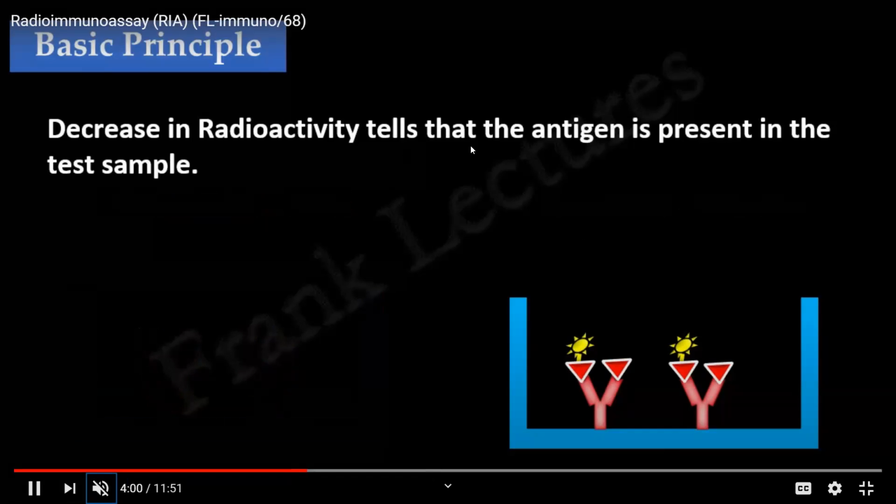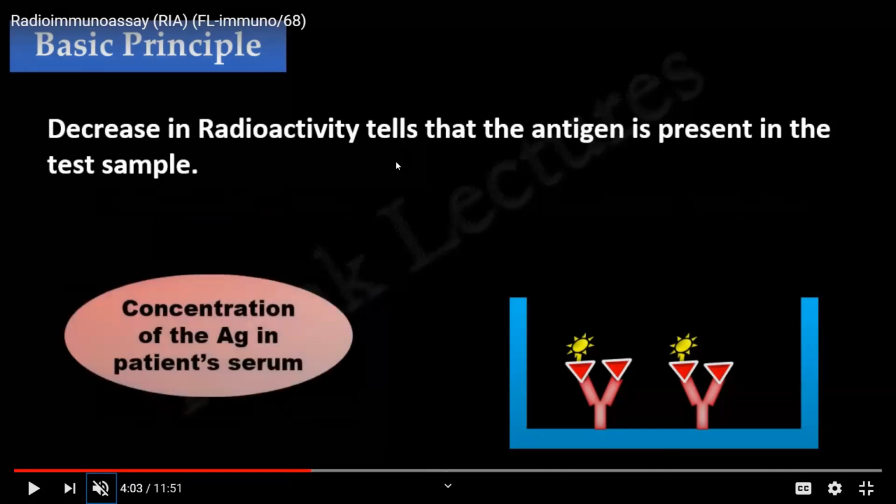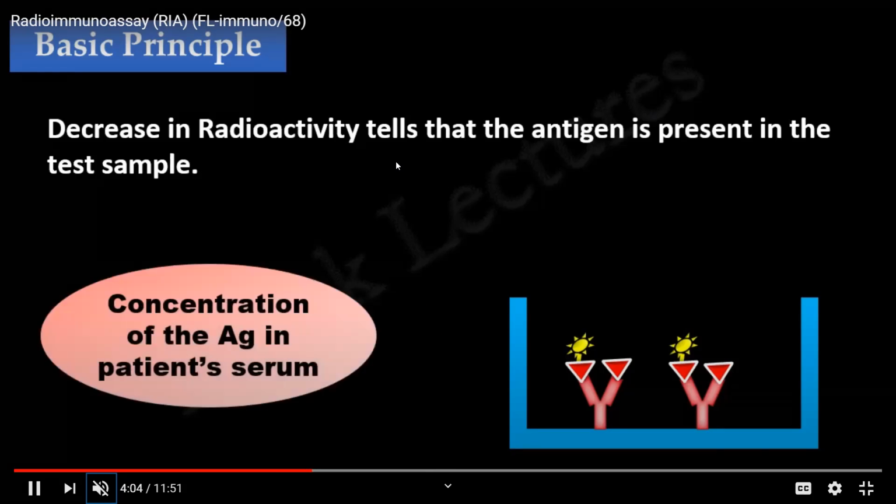A decrease in radioactivity tells us that the antigen is present in the test sample. Previously we did not know. Obviously, by just taking a sample, you will not know whether the same antigen is there or not. You have to perform the experiment. And after performing this experiment, it has been proved that the same antigen was present in the test sample.